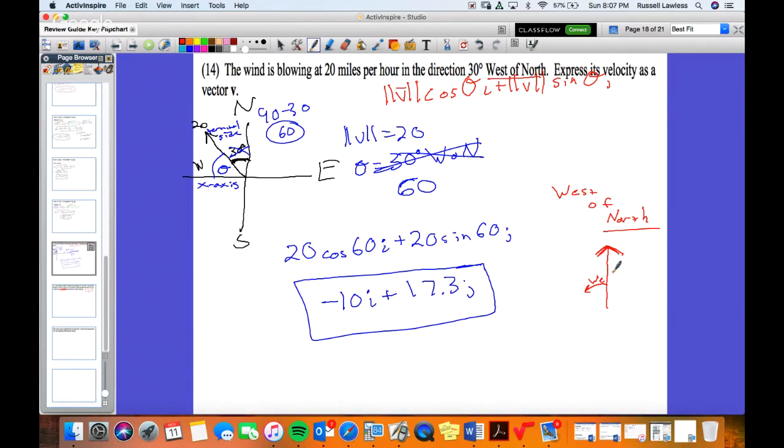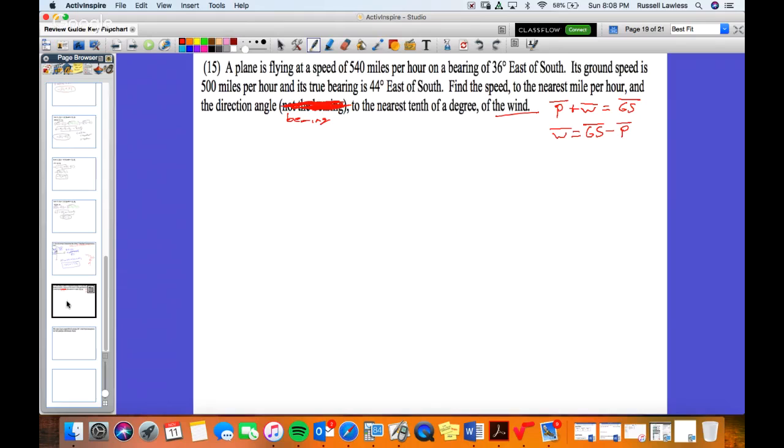It's a little confusing, but that's the main reason it's between the y-axis and not the x. If it was north of west, then we would have it above the x-axis there. And so let's go back to the word problem.